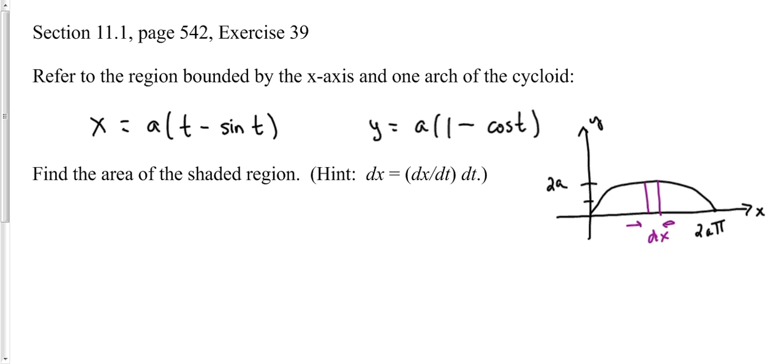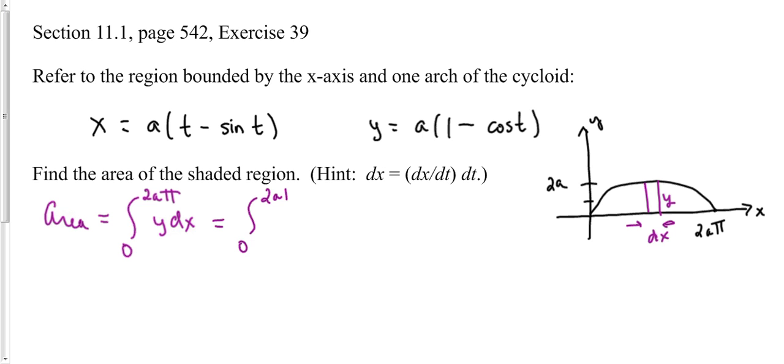The thickness of my slice is going to be dx, and the height of my slice is going to be y. So the area is going to be the integral from 0 to 2 a pi of y dx.